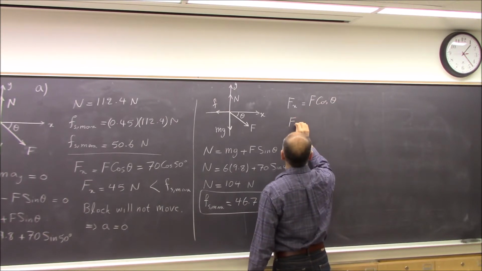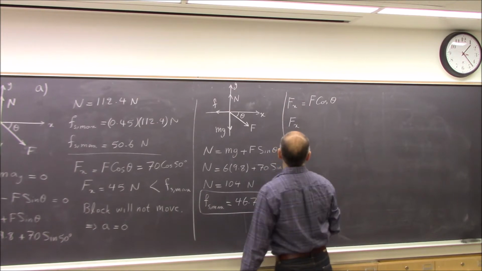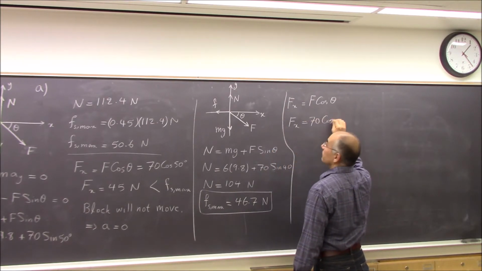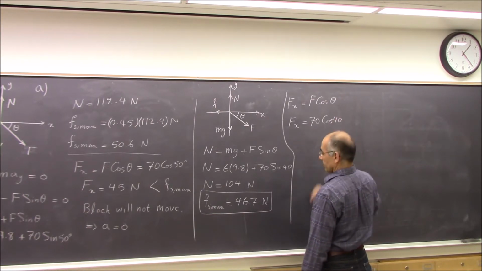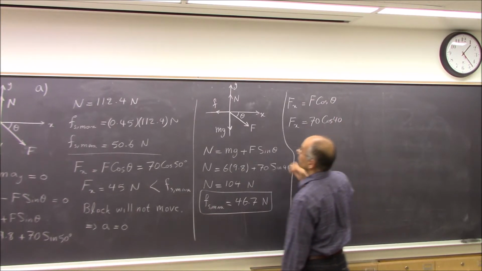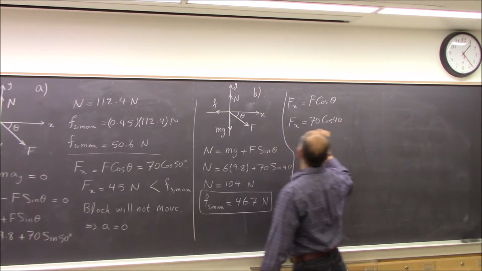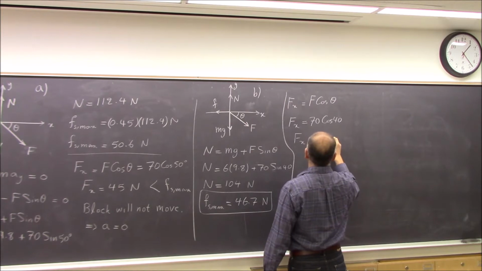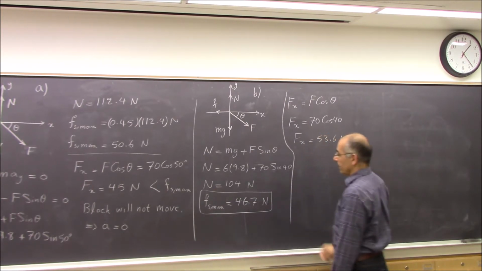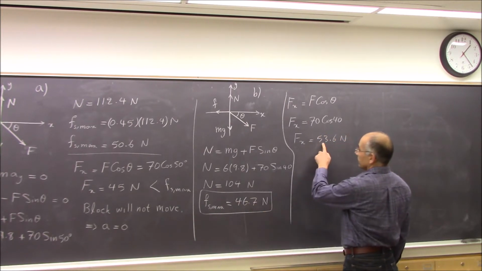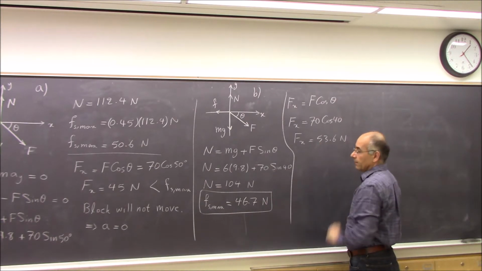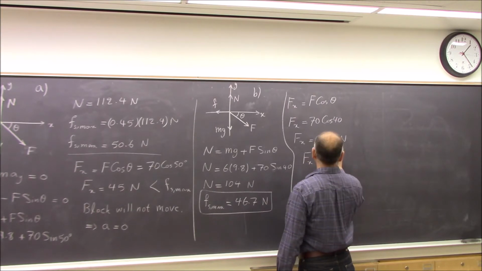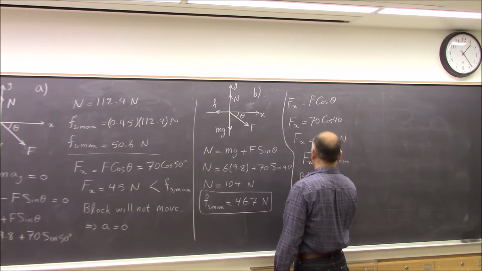How much is that? 70 times cosine 40 degrees. This is part B of the problem. Fx is 53.6 Newton, right? And Fs max is 46.7. Now we see Fx is bigger than Fs max. So because Fx is bigger than Fs max, the block will move.